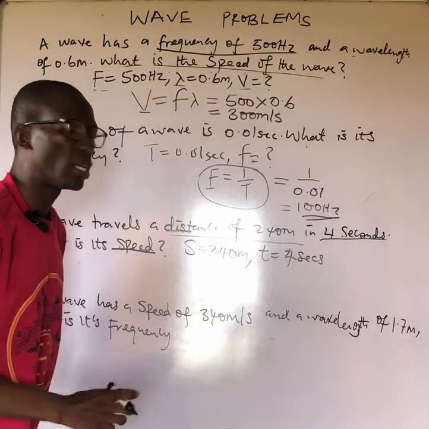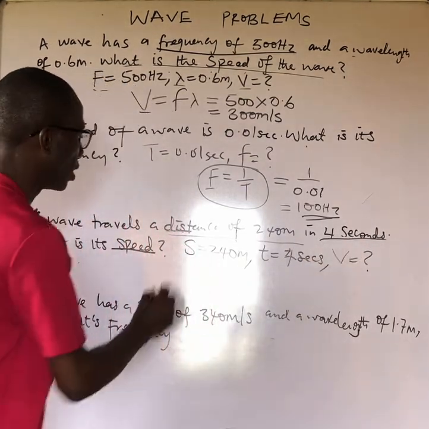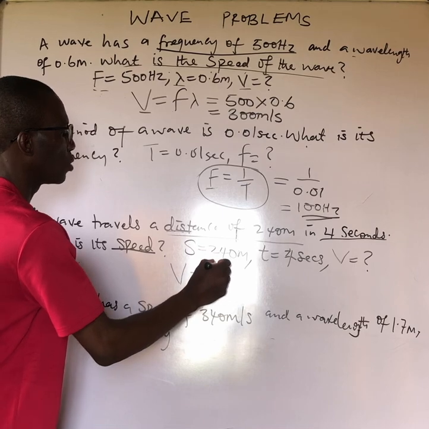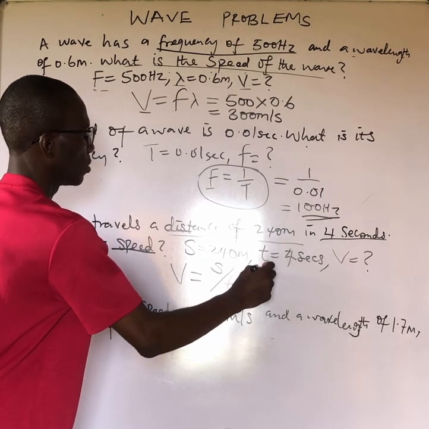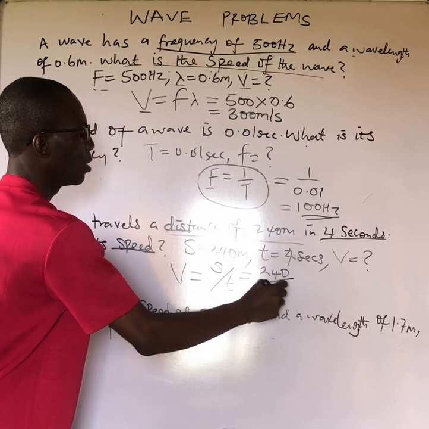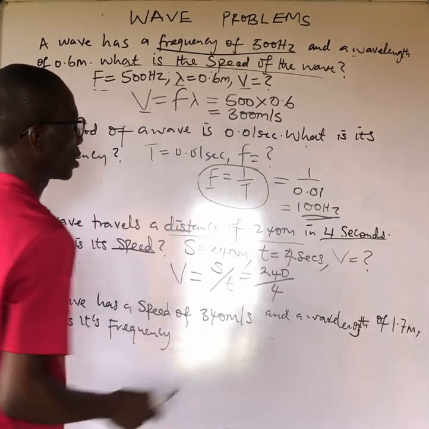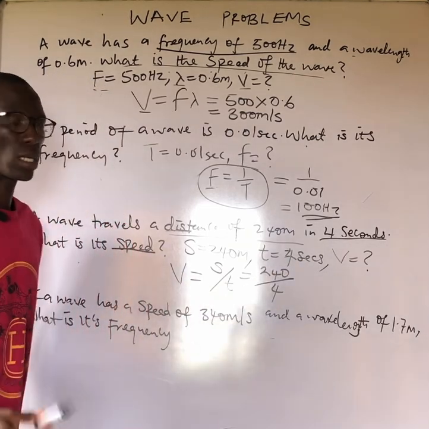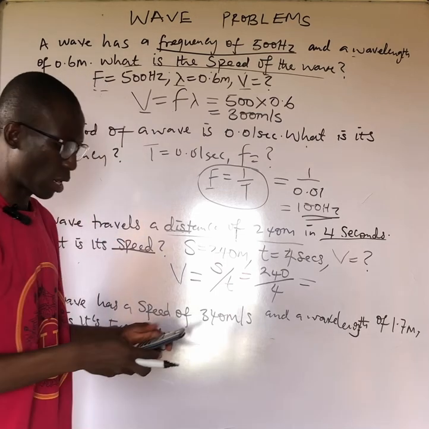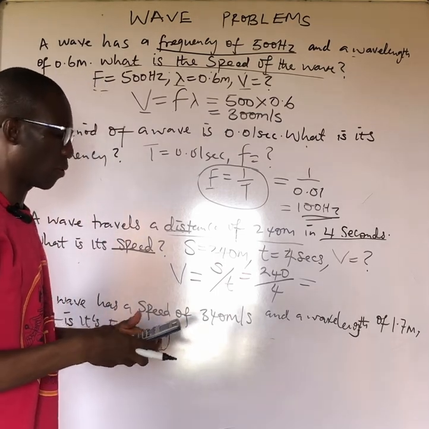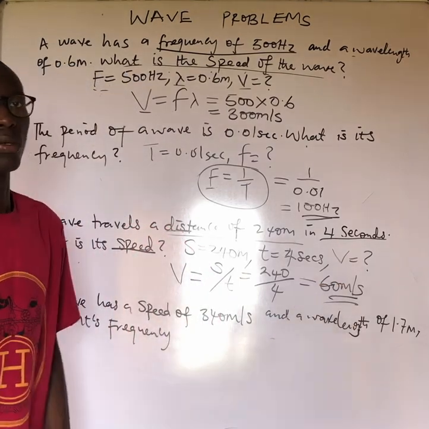The formula that connects this with the speed, which is not given, is speed is equal to distance over time. In the question, we're given distance as 240 and time as 4 seconds. So divide through, we have 240 divided by 4. So we have 60 meter per second.